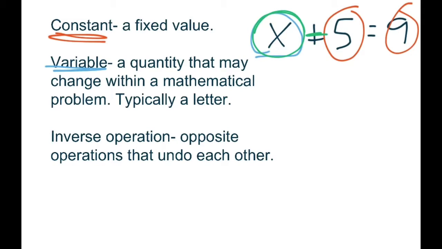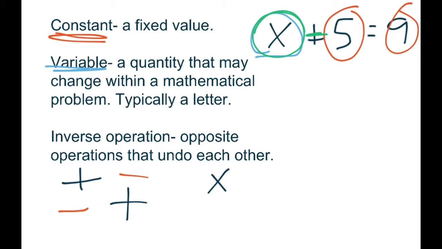So today we're going to be working with addition, obviously, and then the inverse operation of addition is subtraction. If our problem starts off with subtraction, we're going to use addition as the inverse operation. Tomorrow we will also be going through multiplication.